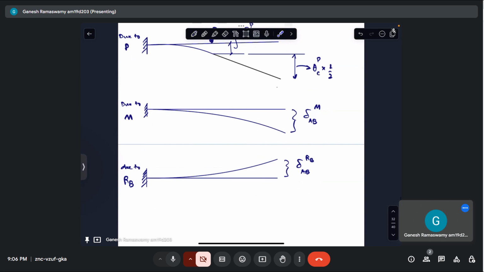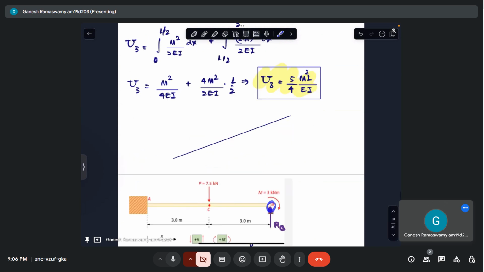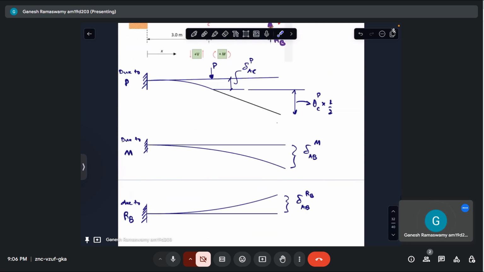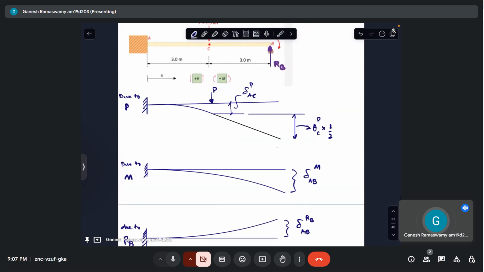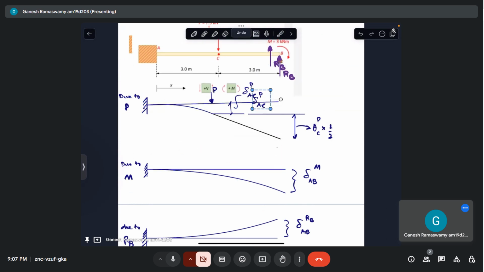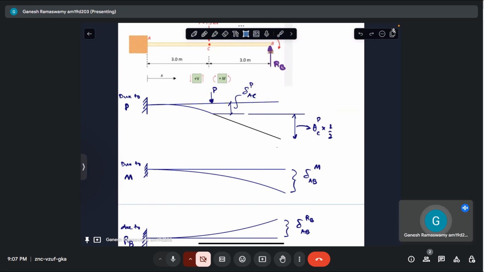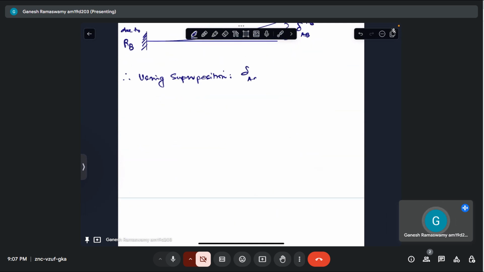So the compatibility states that adding all the three up actually leads to zero deflection at the end B. So therefore, using superposition, we have delta AC due to P plus theta C due to P into L by 2 plus delta AB due to M minus delta AB due to RB is equal to 0.